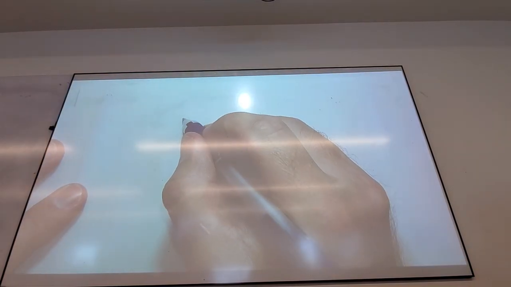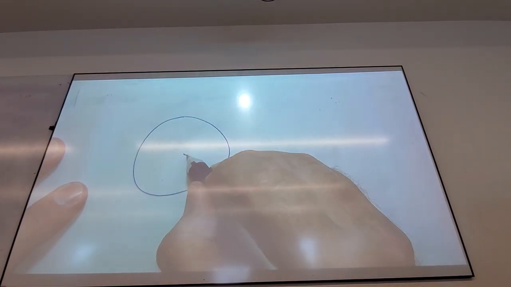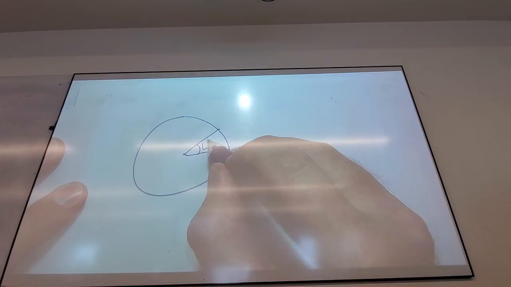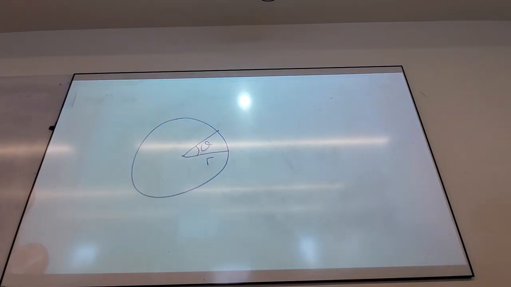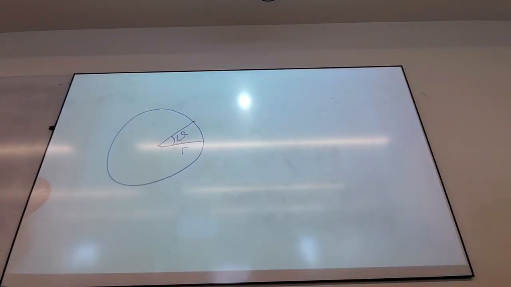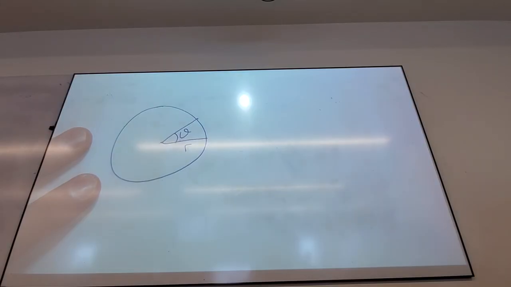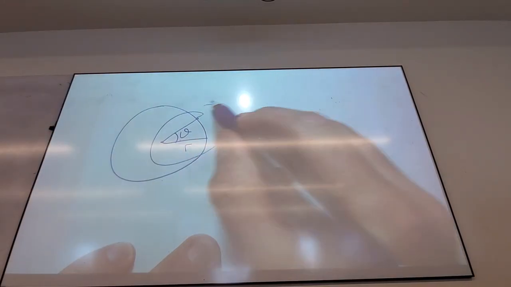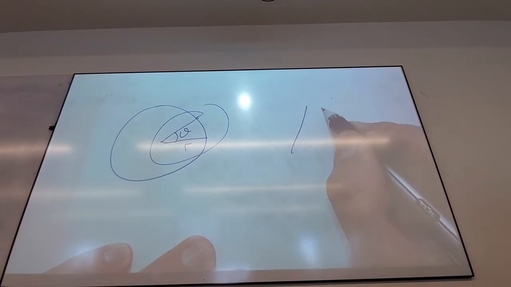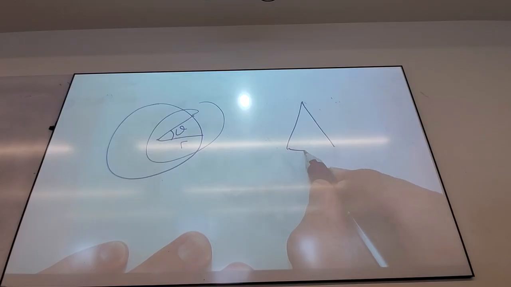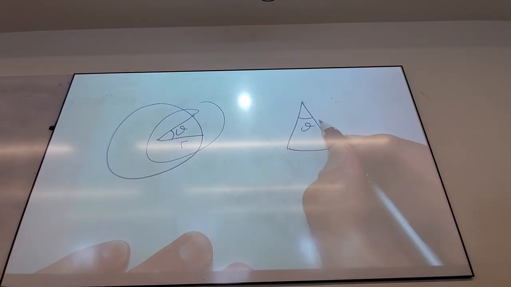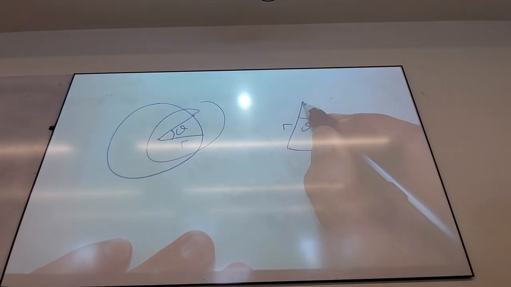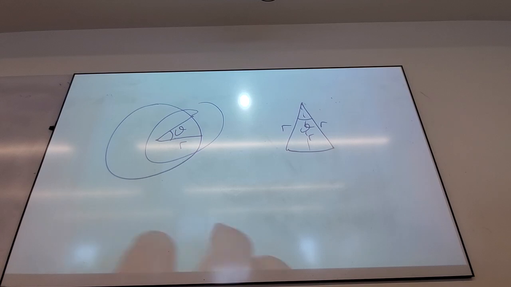Okay, here's a second thing. What if I wanted to know the area of this sector? Well, here's the cool thing. If I cut out this piece of pizza here, and I lay it down, what shape does it almost look like it makes? Triangle. Triangle, yes.